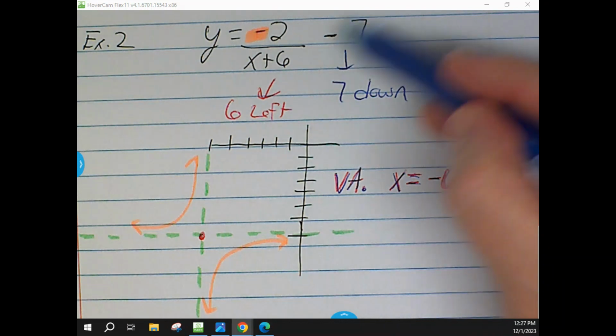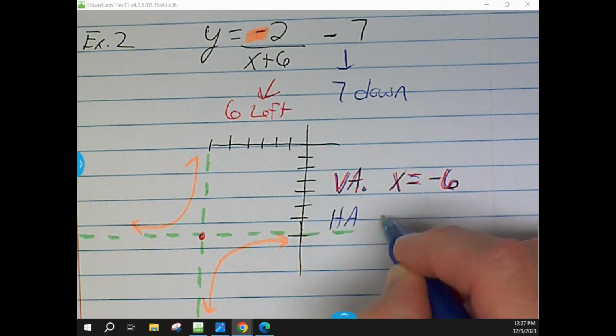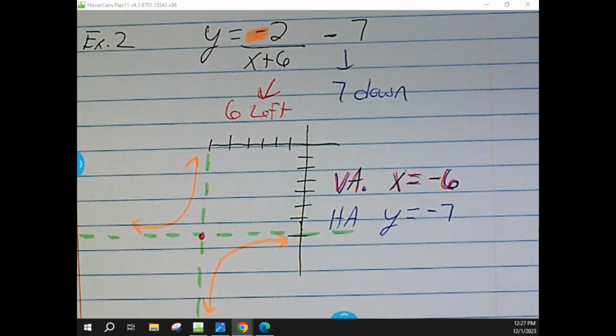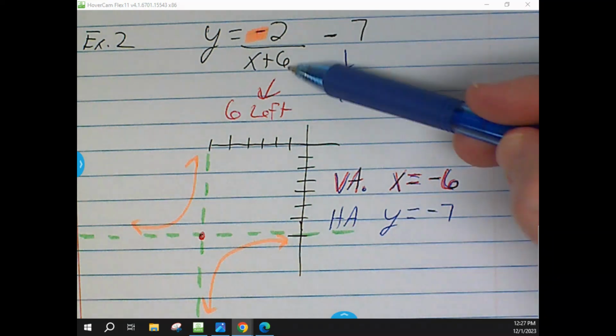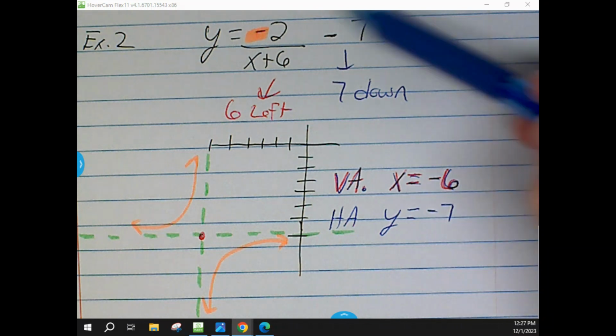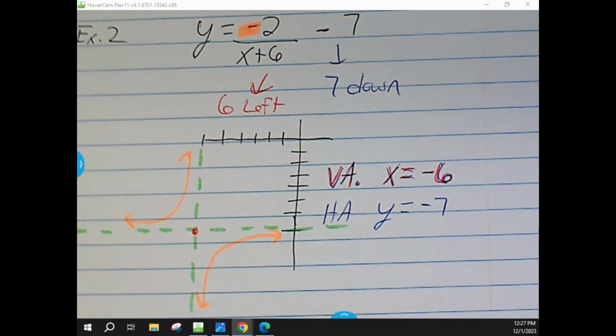Okay. The other number that's out here to the side, that's your horizontal asymptote. That's at y equals negative 7. So the one with the x is your x value for your vertical asymptote. The one that's out here beside it, that's the y value that's going to be the horizontal asymptote. And then again, domain and range are based on those two things.